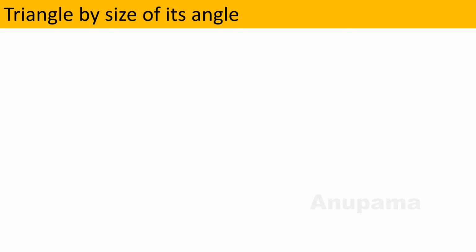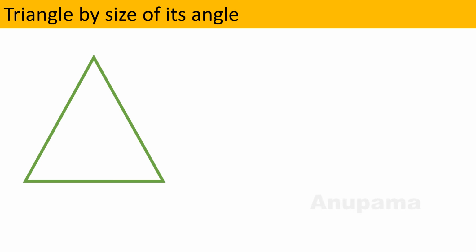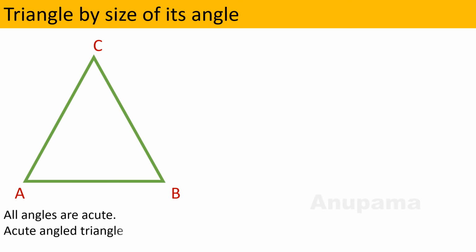Let us classify triangles. We can classify triangles on two bases. First is triangle by size of its angle. First type of triangle is triangle ABC, which has all three angles acute.